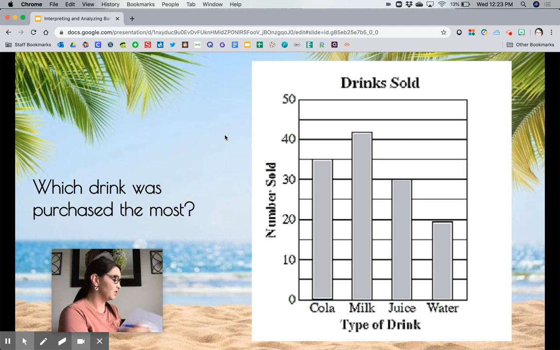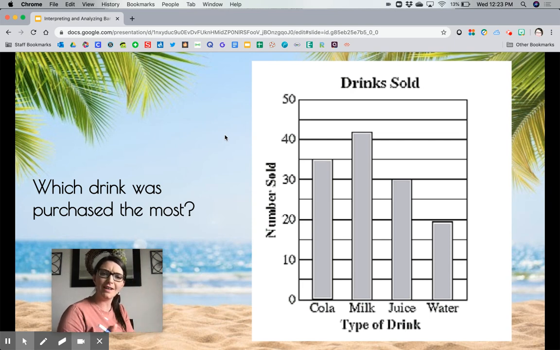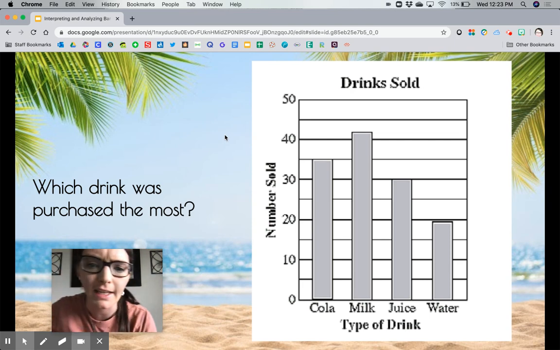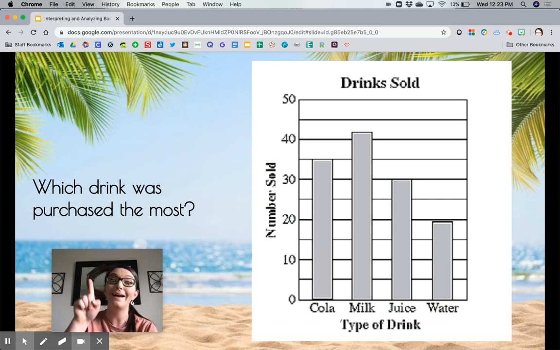Which drink was purchased the most? At this question, I can just look at my graph and figure that out. I'm going to look for the bar that's the highest because it's the most. Here, milk has the most.